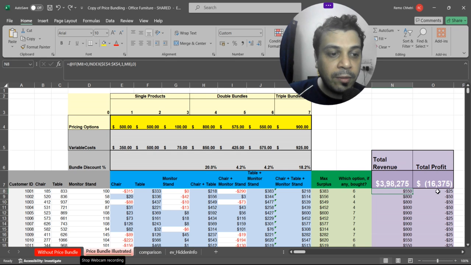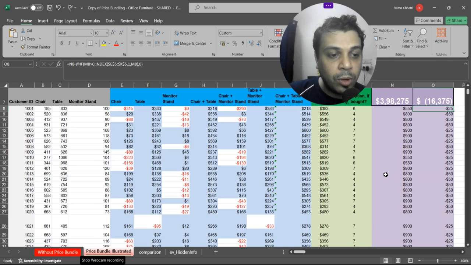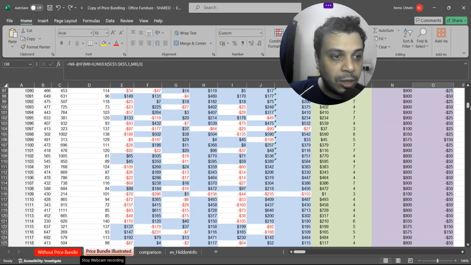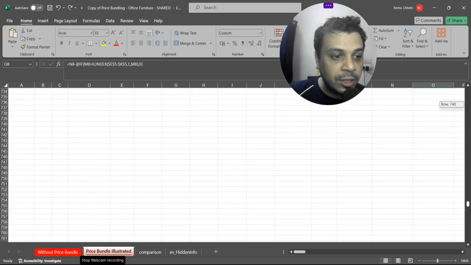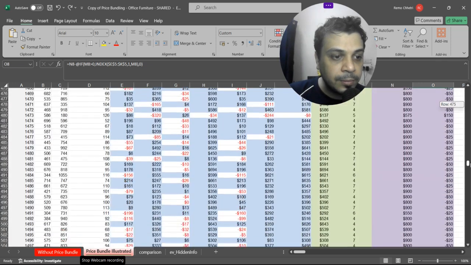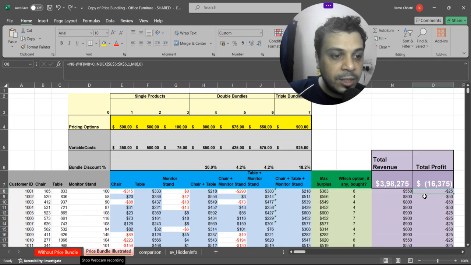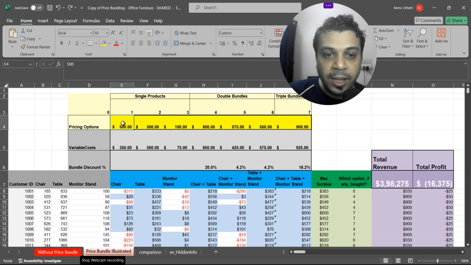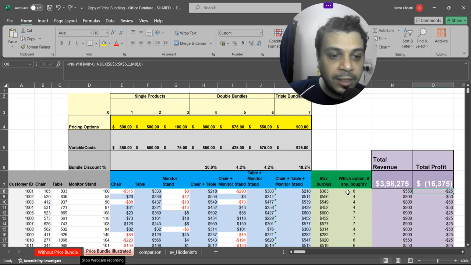And when we have the revenue, then we move to the profit. So what is the profit? You can see here there's a lot of negative profits. Okay, the profit is simply going to be, we're going to take this and subtract from this one, and then we're going to look at what's the index of this particular value, M8.